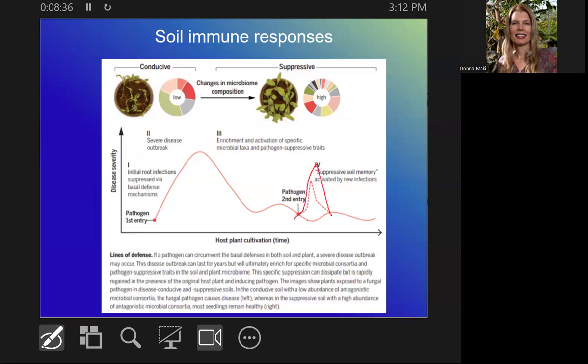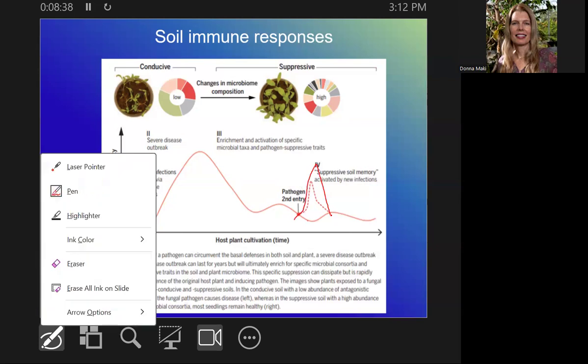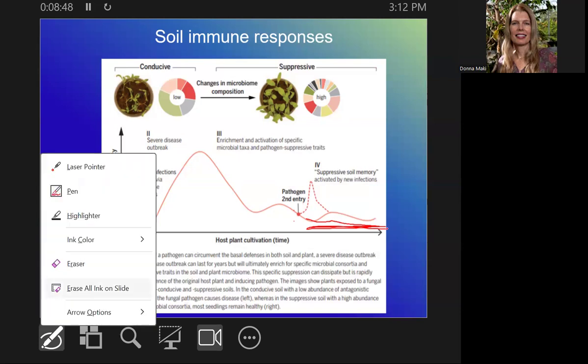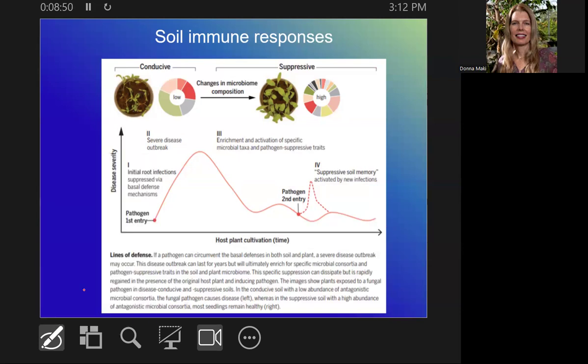It should go way up. That dotted line is what should happen, but you can see it was very modest in this last part of the line graph, because the soil has become suppressive to the pathogen. When those plants get exposed to that second introduction, they're like, yeah, whatever, I'm okay.